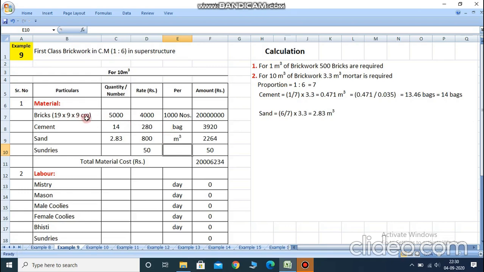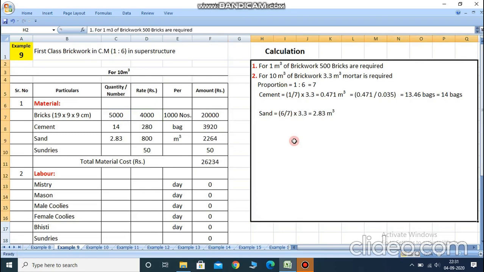So here 5000 multiplied by the rate of 4000 per 1000 bricks, the total amount of brick is 20,000.